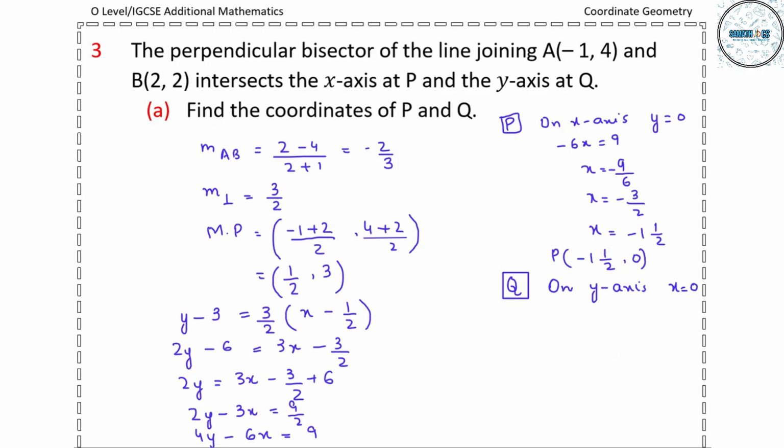So when we take x as 0, we will be left with 4y is equal to 9. So y is equal to 9 upon 4, and y is equal to 2 whole 1 upon 4. So the coordinates of Q are 0 comma 2 whole 1 upon 4.